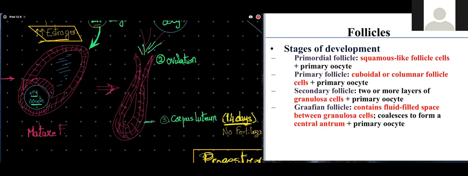And those follicular cells that were surrounding the oocyte will be transformed and form the yellow body. This is what we call the corpus luteum.